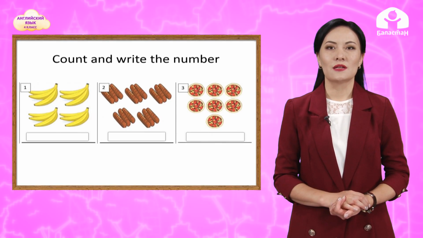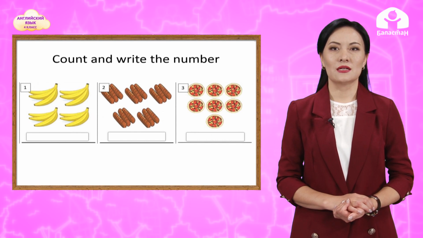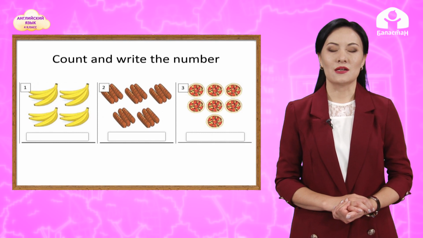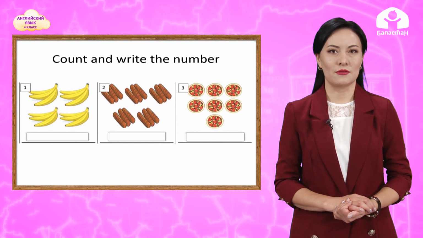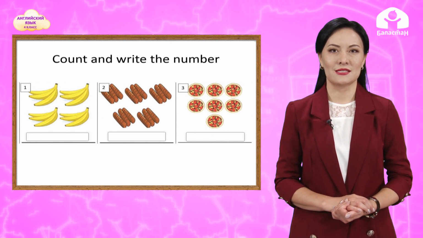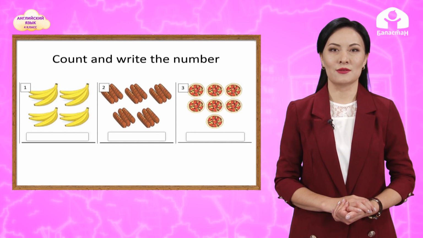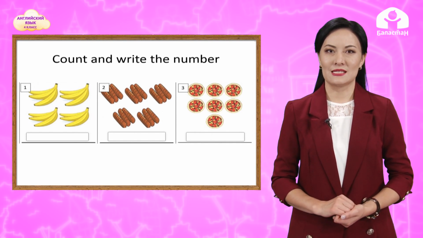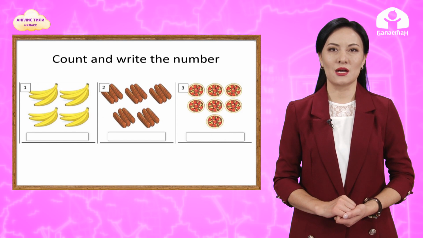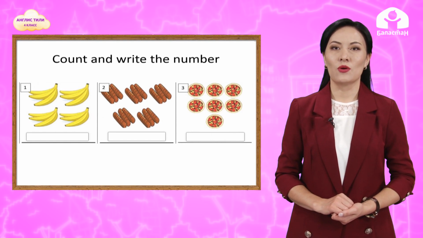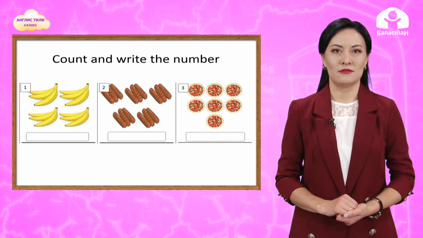Now children, look at the pictures and say how many things do you see? Name them and say are they countable or uncountable? Bananas. Is it countable or uncountable? Yes, it's countable. Let's count. How many or how much bananas do you see?